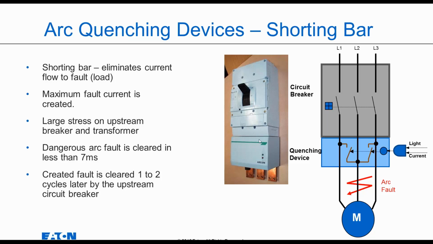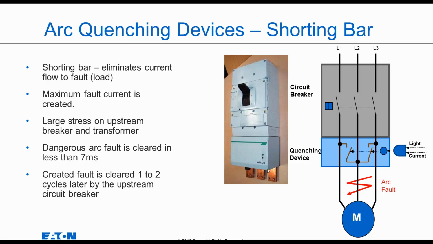In this case, this device is fired by light and current and will create this short between all three phases, basically extinguishing this arc fault down below, because all of the current from all of the phases will now flow through the created fault.